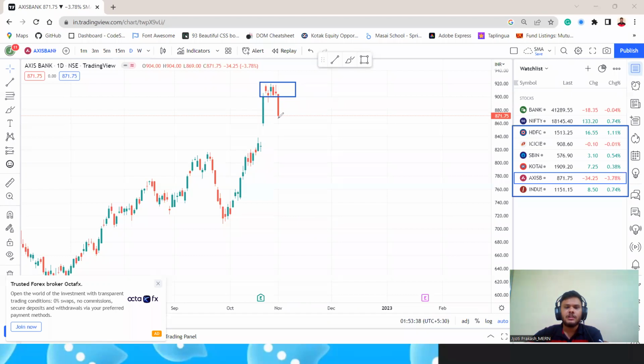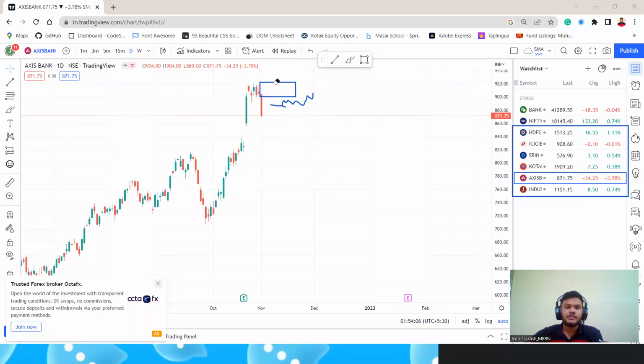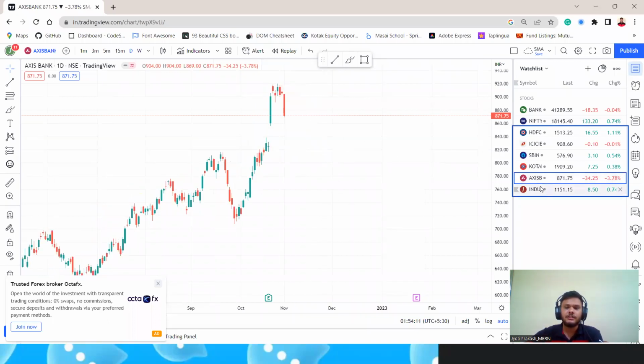Tomorrow you can trade with continuation if it opens flat, or if it closes below 870, then we're going to take the trade for selling, and you can set the first target to 860 and the second target to 850. But if it opens gap up around 890 and continues to go up, then you can set your target to 900. But I suggest you focus more on the selling side if it shows any negative scenario there.